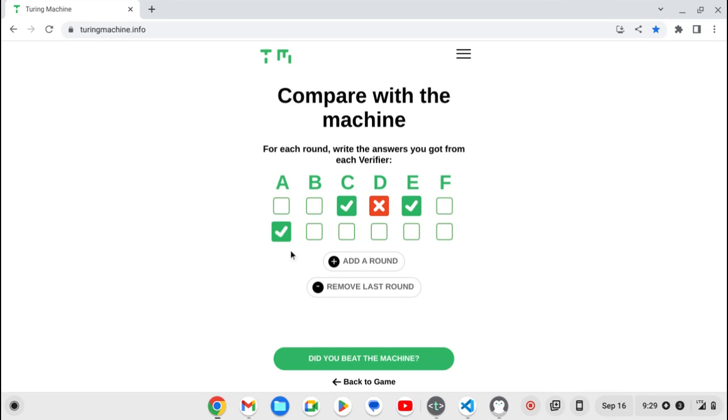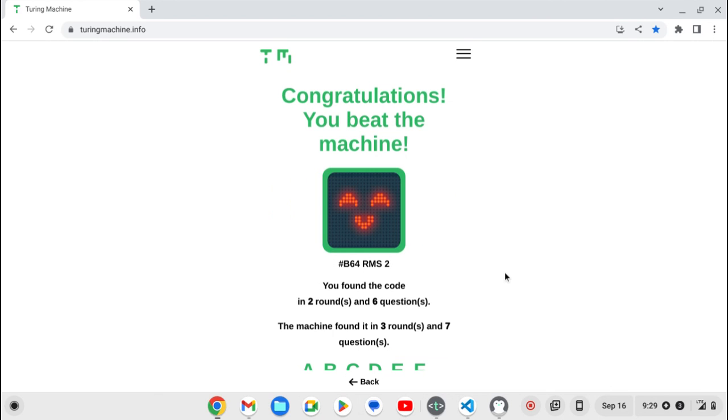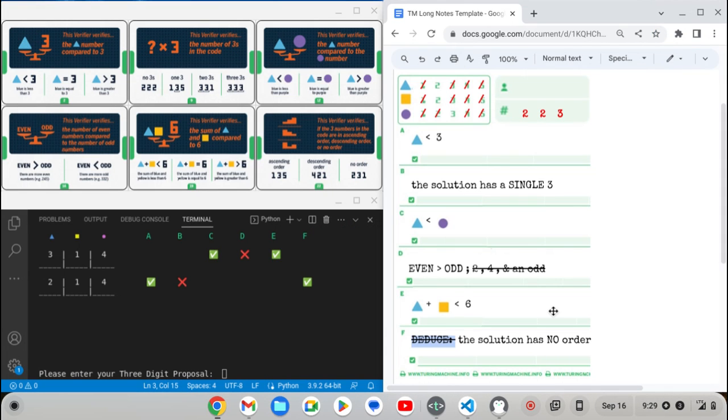Second round, A was correct, B was incorrect, and F was correct. Okay, we still did beat the Turing machine by 1 question. I think this puzzle could have gone the other direction and just gotten us the wrong answer. So something did not quite make sense. And so I had to do a little backtracking and then use a little bit more logic.